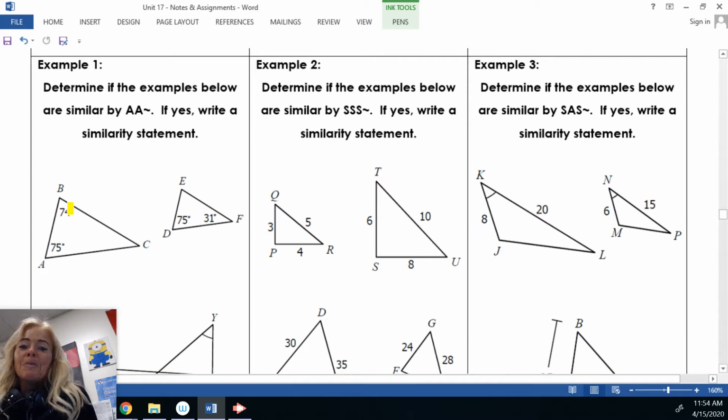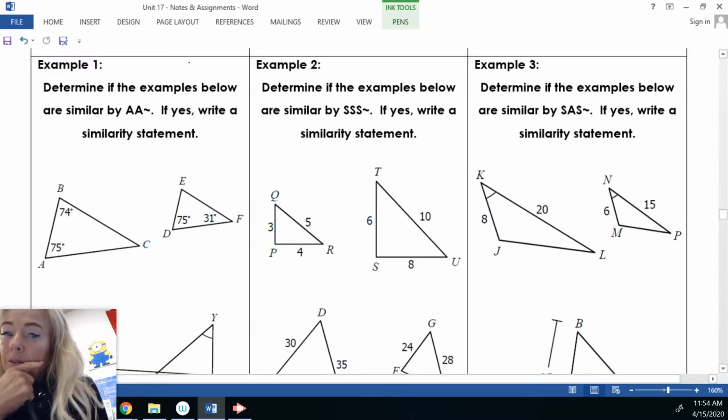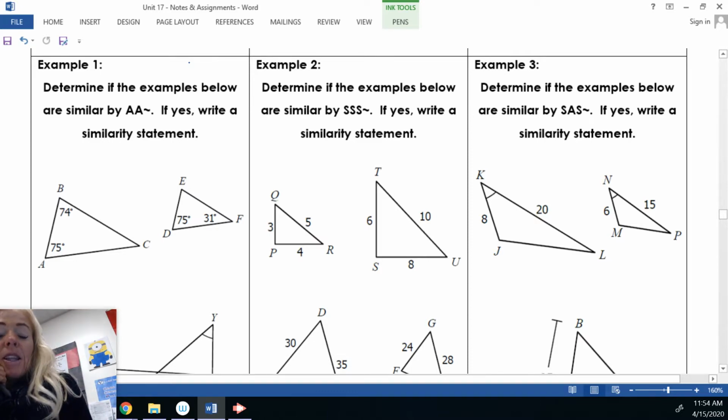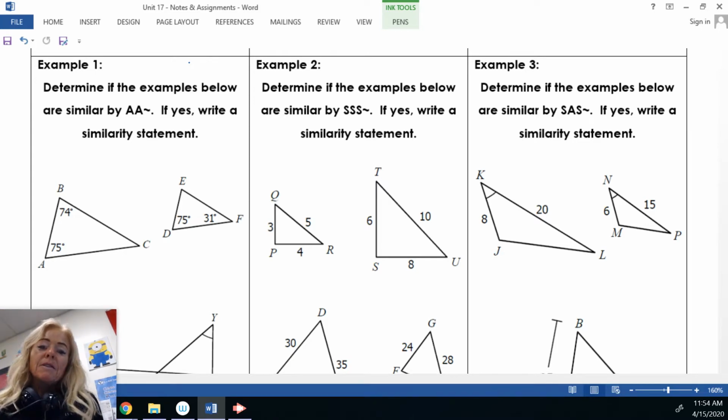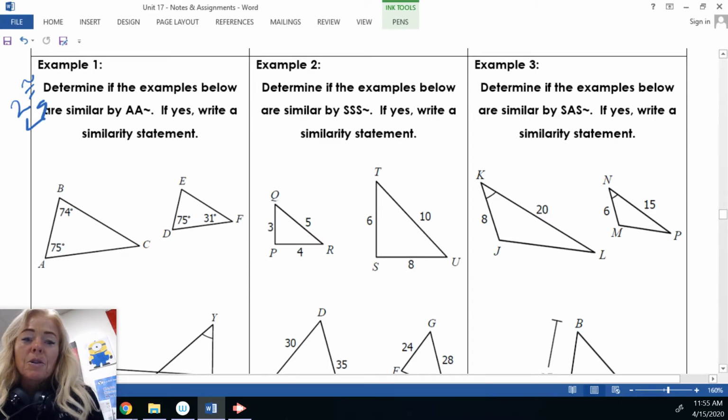So for example, if you are asked to determine if the examples below are similar by angle similarity, then what we would do is look at the 2 triangles and determine if there are 2 congruent angles. That's all we need to know. Are there 2 congruent angles? All right, now on first glance, I see one, 75 and 75, but I don't see another one. 74 and 31 are not congruent.